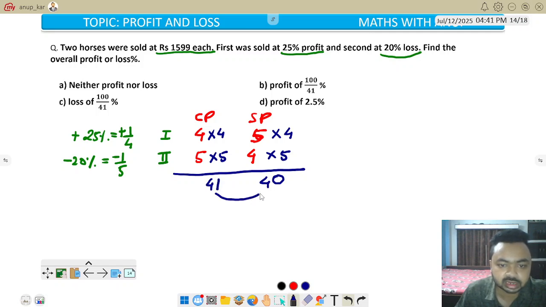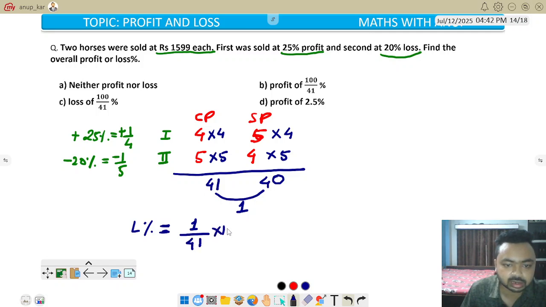So definitely there is a loss of 1. So overall loss percentage equal to 1 by CP, which is 41, into 100%. So it is a loss of 100 by 41%.